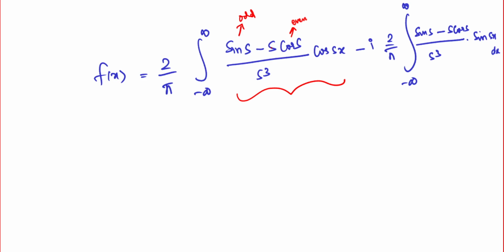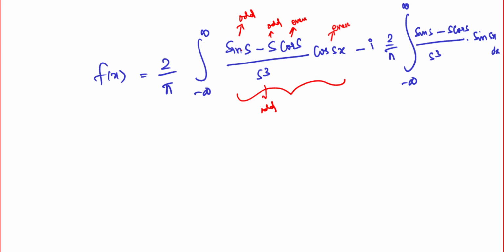Now if you substitute s by minus s, this is an odd function, and this one becomes s times cos s, also odd, because s is an odd function, and odd into even gives an odd function. So odd minus odd gives another odd function, divided by s cube, which is an odd function, and therefore this division is going to give you an even function, and this is an even function.